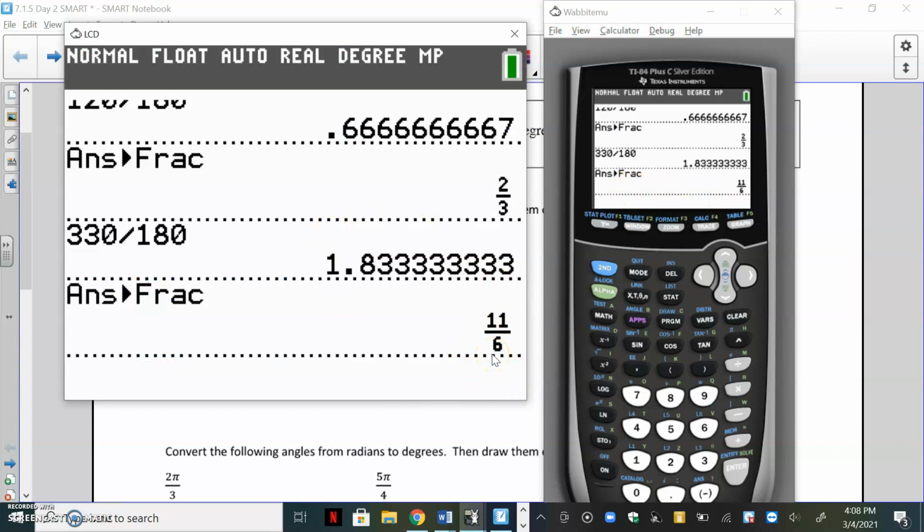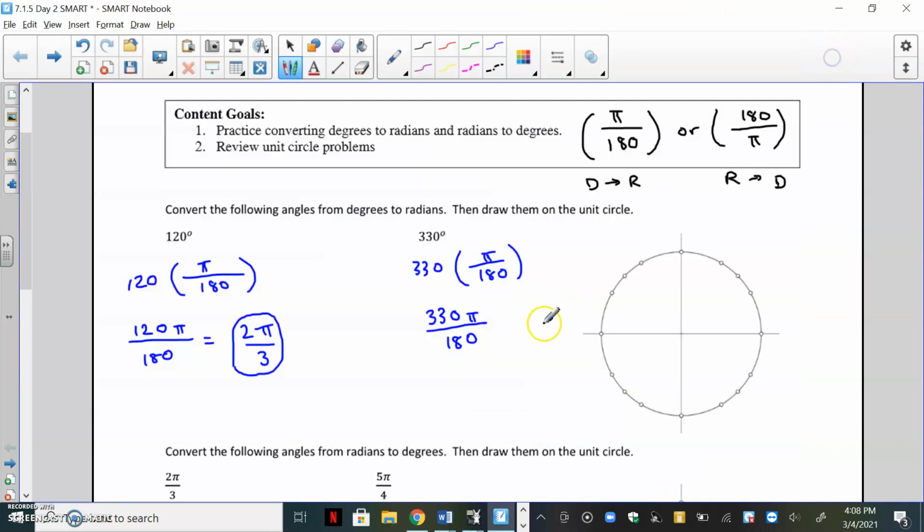So in my answer, I'll have 11 over 6 with the pi in there. That's how you convert between the two.